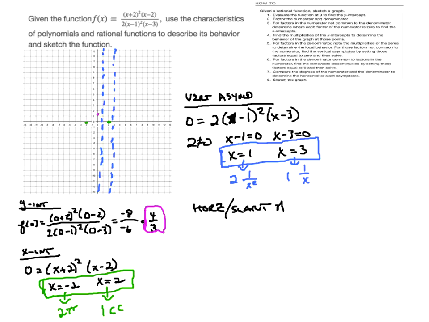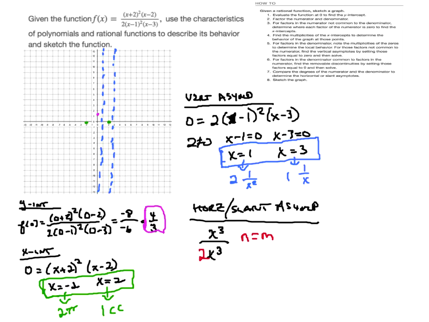And finally, horizontal or slant asymptote. The leading term of my numerator is going to be an x cubed. The leading term of my denominator is also going to be an x cubed.